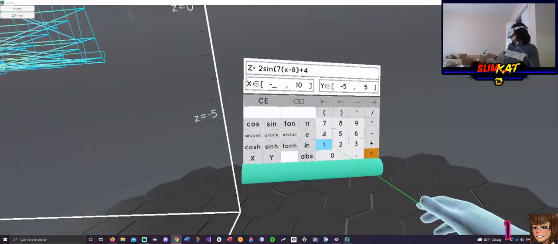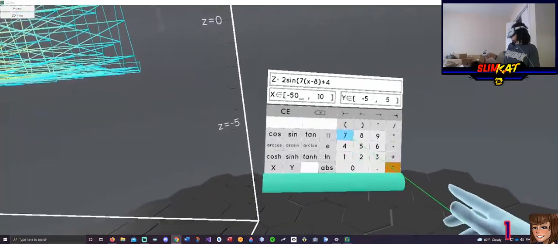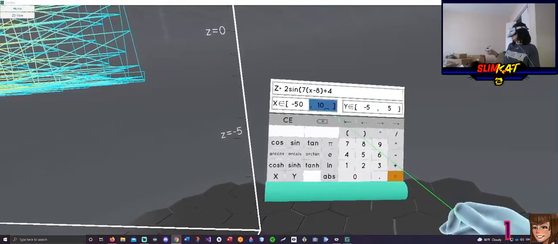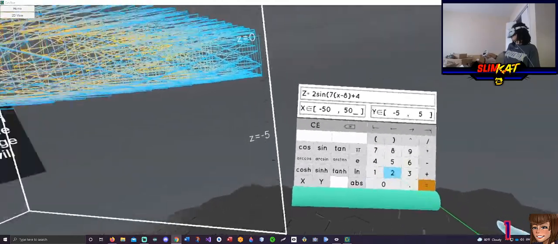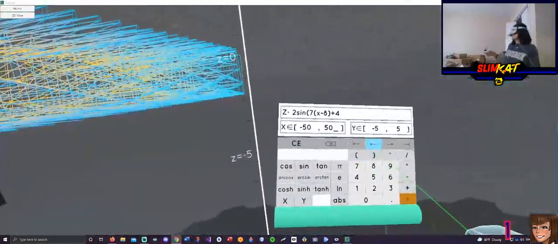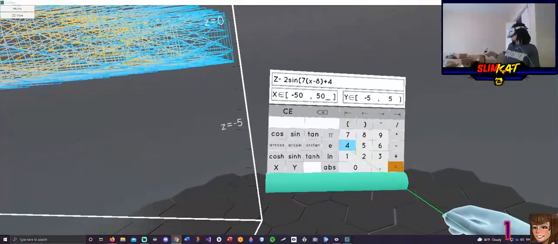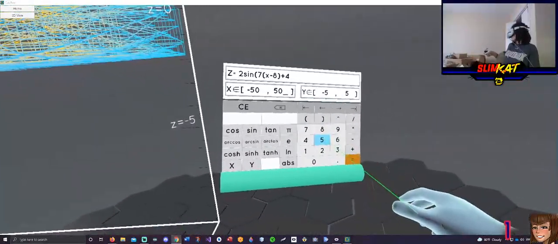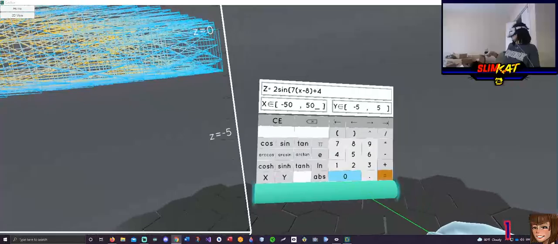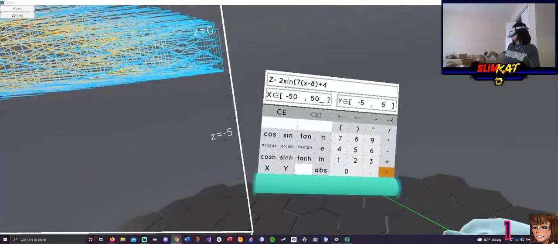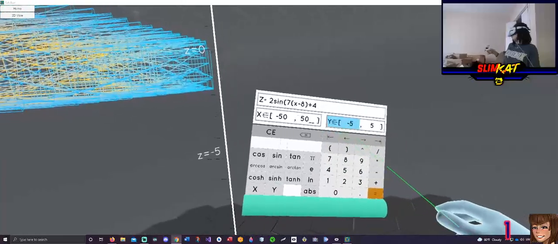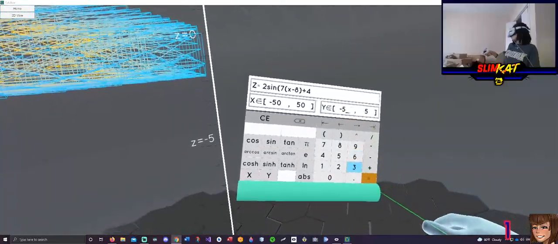Let's do 50, just so it's wide. Yeah, it's still pretty narrow, but I'm not going further than that. I could put it infinity, but I don't know where the thing for that is. So we'll go 50 to 50, and then for y, we'll also go 50 to 50.